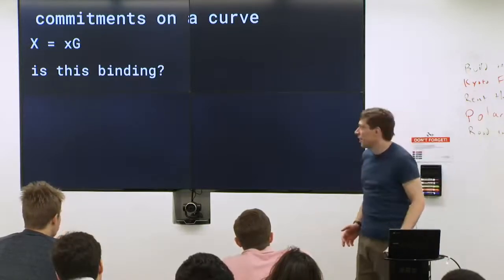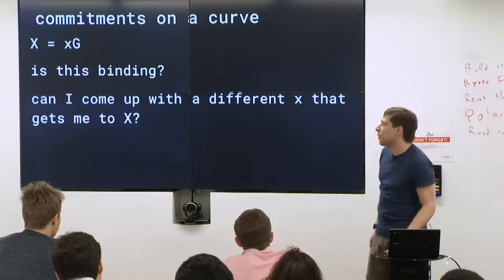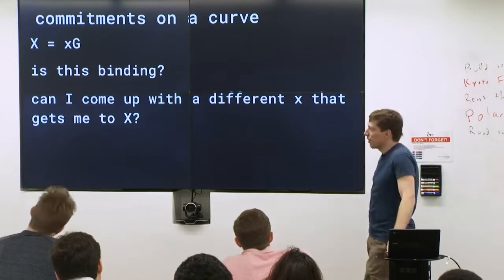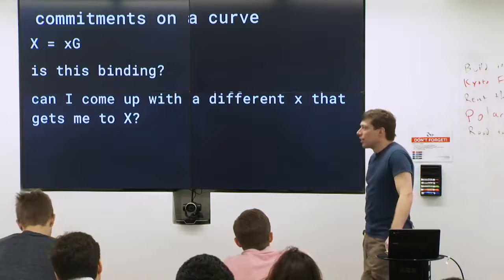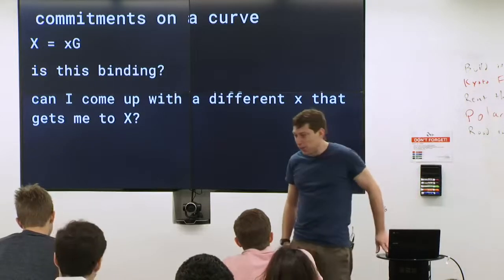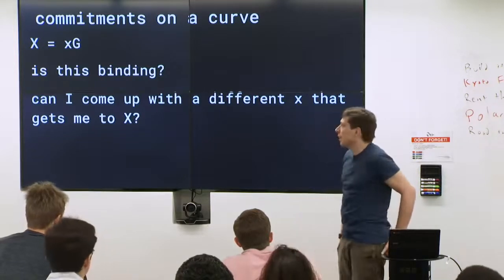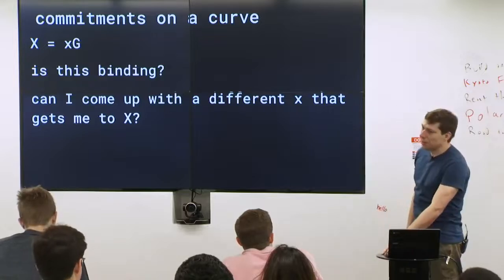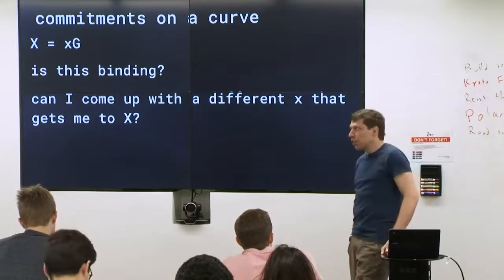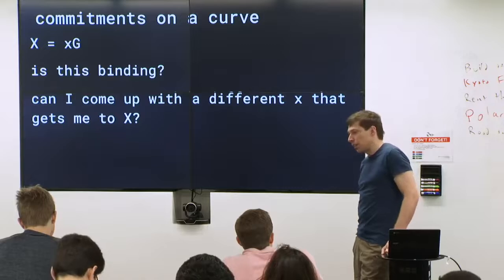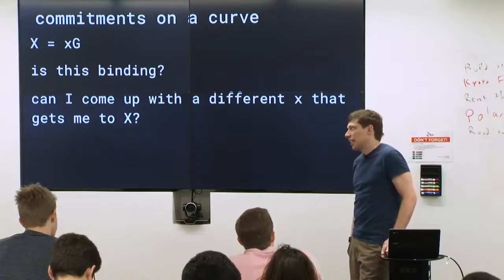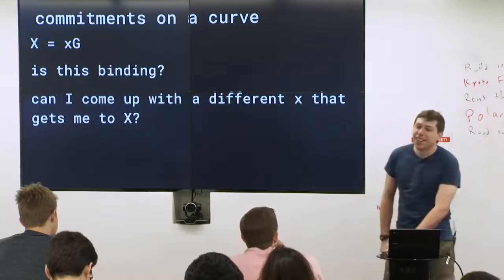Okay, it is. Yeah, well, yeah. I can't come up with a different X that gets me to that point, right? So multiplying by the generator point is sort of like a hash function in that you're not going to be able to find collisions, right? So you can't find two different private keys that give you the same public key. Sometimes you can.